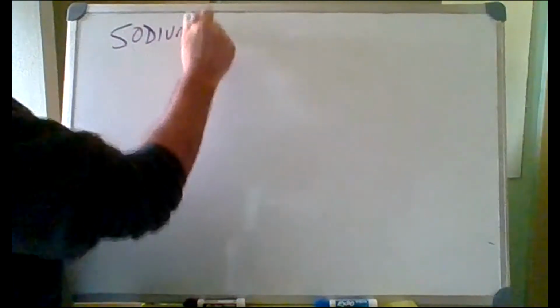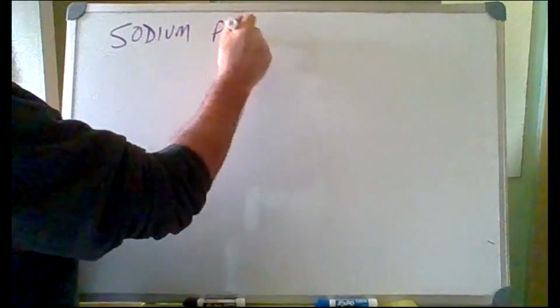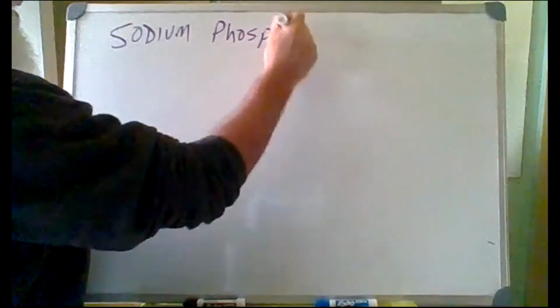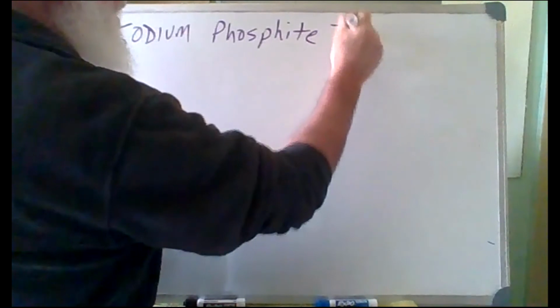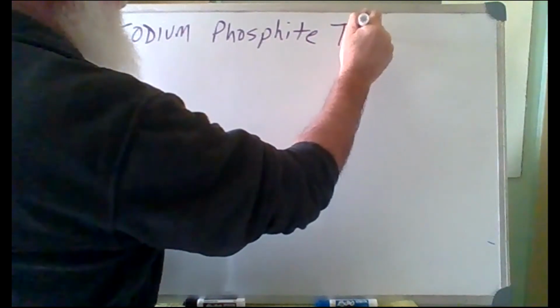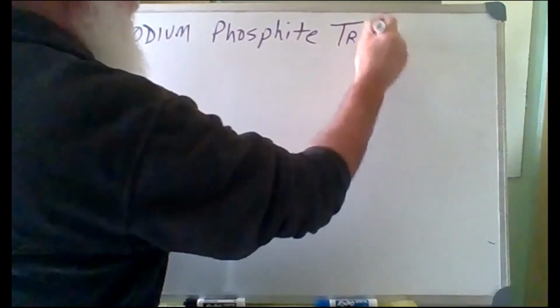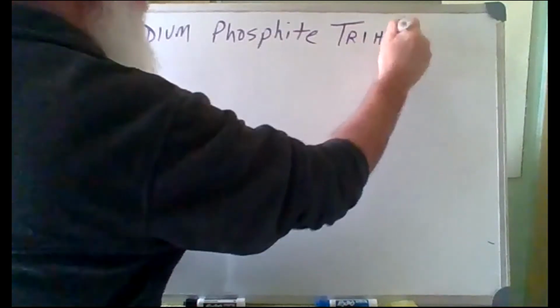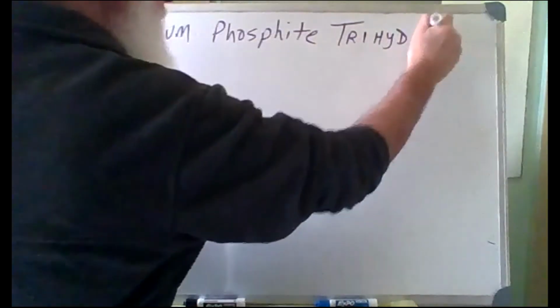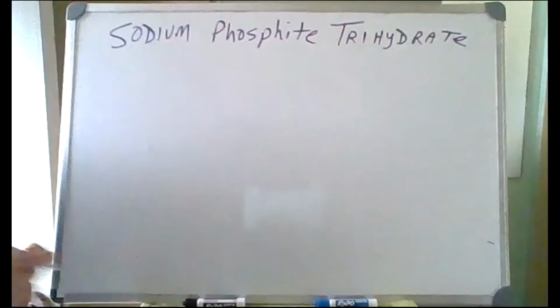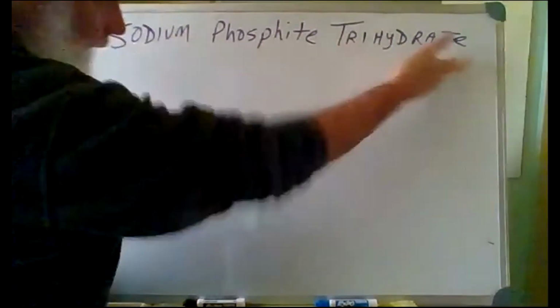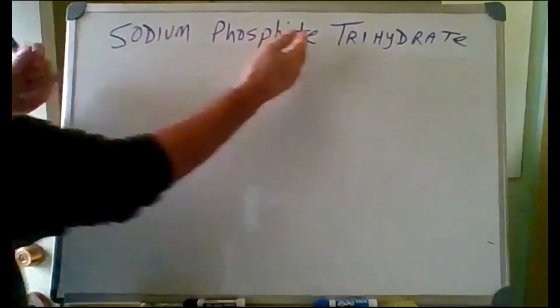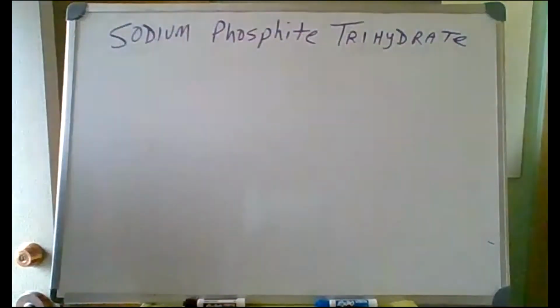Start over here. So we need to come up with a formula unit for this. Now, we'll talk about this trihydrate in a moment. Let's just deal with this the same way we've been dealing with it.